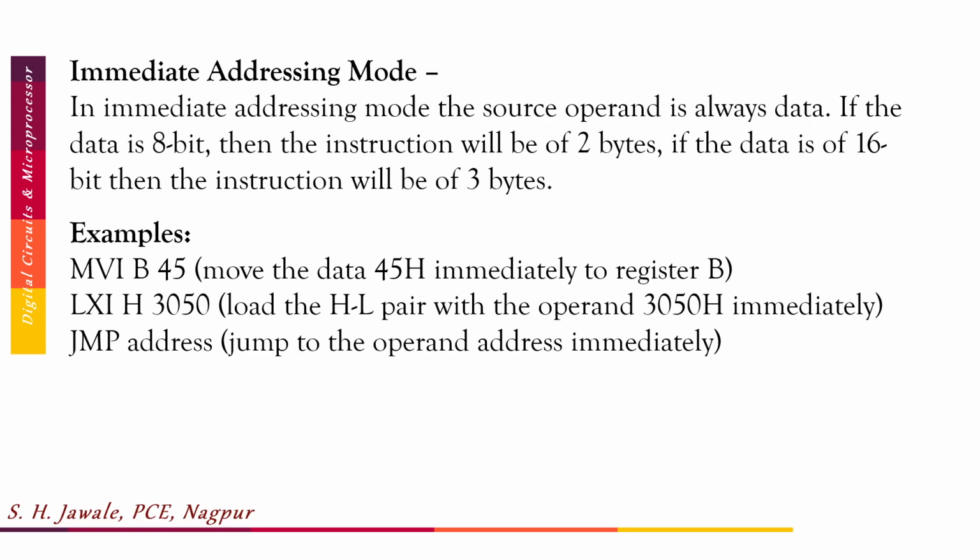Another example is LXI H, 3050H. In this instruction, 16-bit data is given along with the instruction. It means it is a 3-byte instruction. The meaning of this instruction is load the HL pair with the operand 3050H immediately.